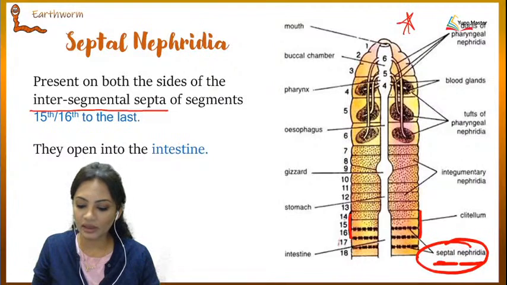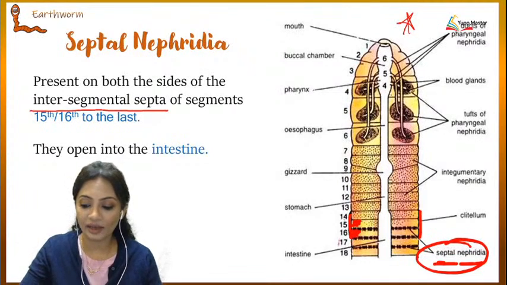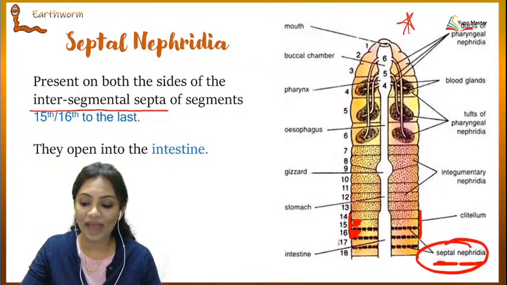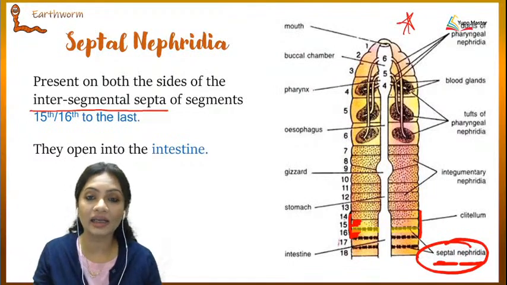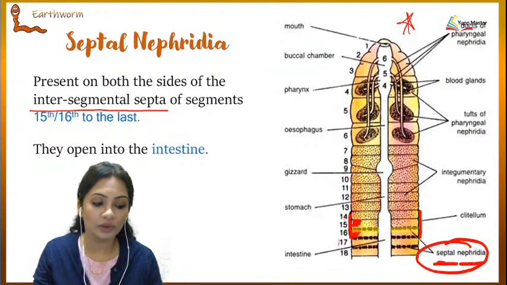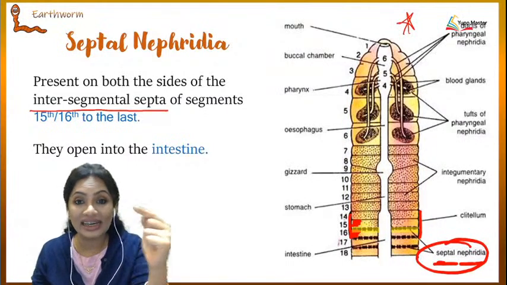Between, can you see here? This is segment number 15. This is segment number 16. Between the two segments, there is a septum. And that septum which is found between the two segments is right here. And that is exactly the septum where you have the nephridia present.